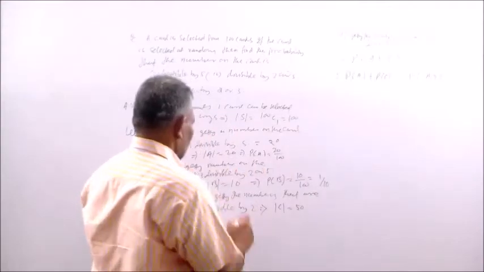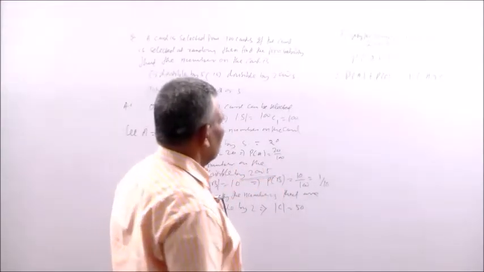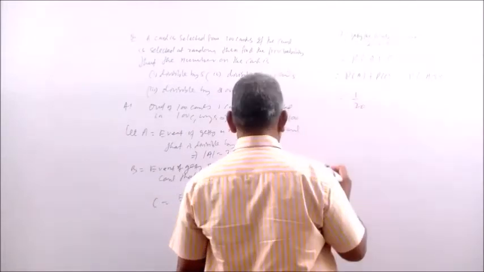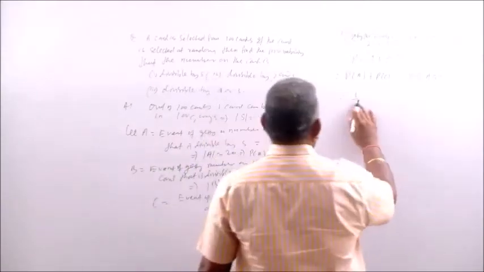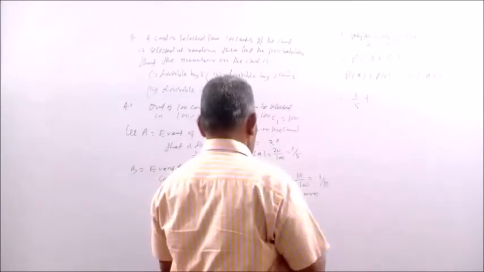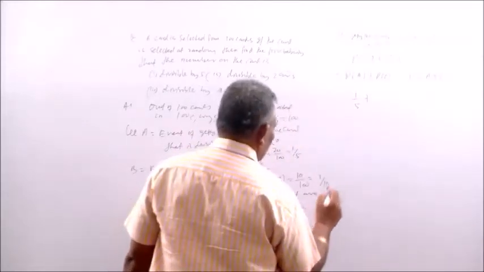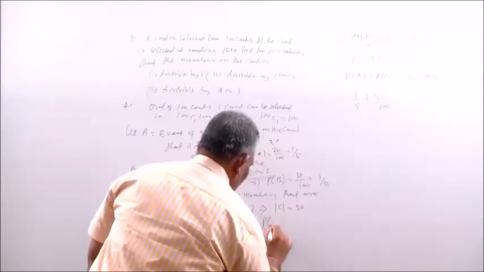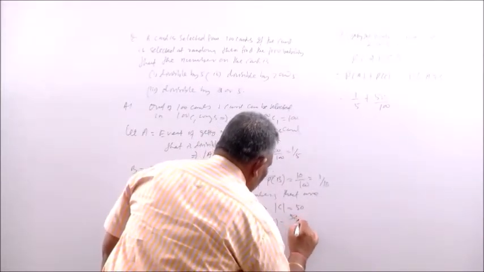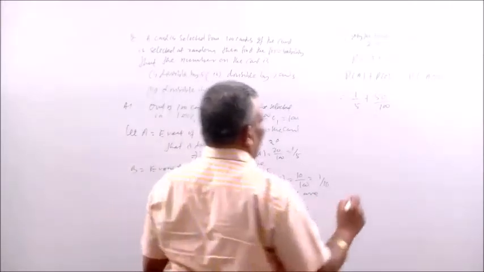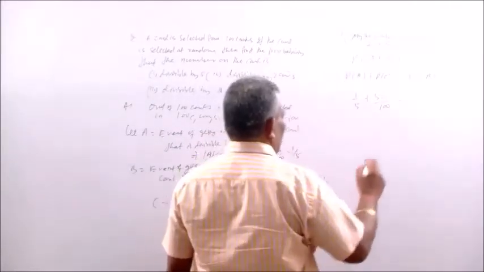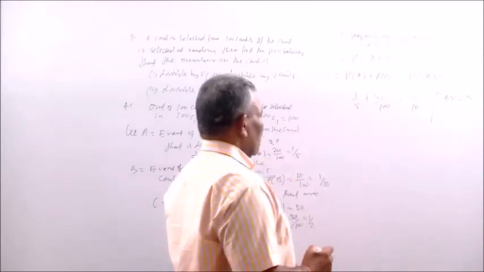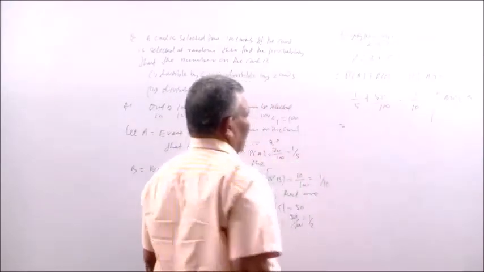Here P(A) is 1 by 5, and P(C) is 50 by 100, that is 1 by 2, minus P(A intersection C), which is the same as P(B), 1 by 10. A intersection C equals B, then you can simplify the numbers.